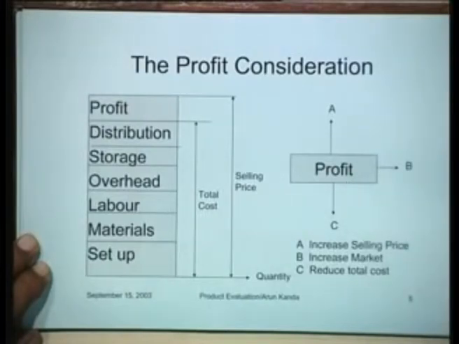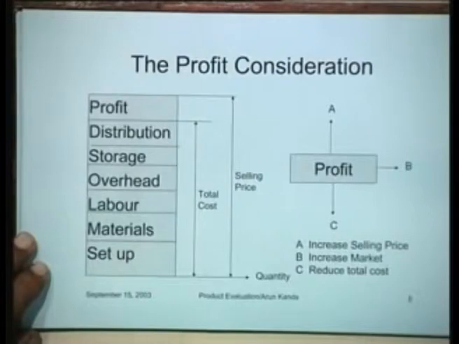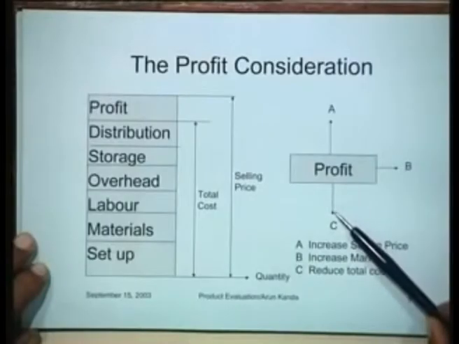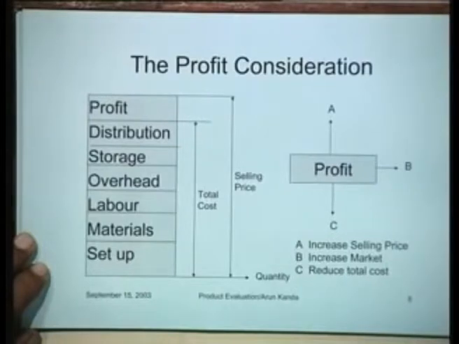In fact, if you look at the situation of the American auto market and you see how Toyota entered the American auto market, what did they do? They actually played with this strategy C. What did they find?